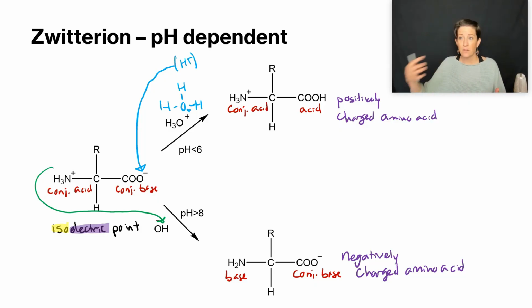So if our cell becomes too acidic, we need to know what's going to happen to these building blocks, these monomers, that then build up our cells, our bodies, our tissues. So even though this seems kind of arbitrary, there is really important research behind understanding Zwitterions and the solutions they're in and their role in regulating and maintaining how the body works.